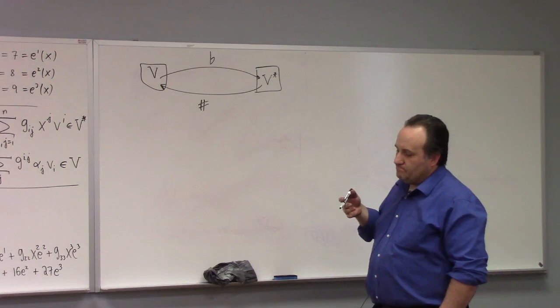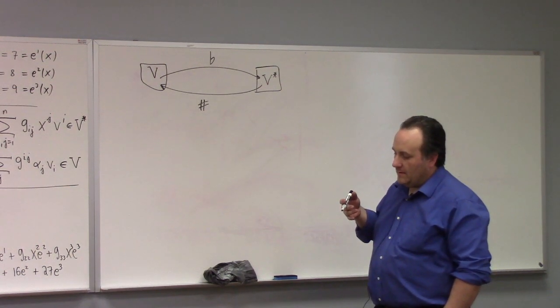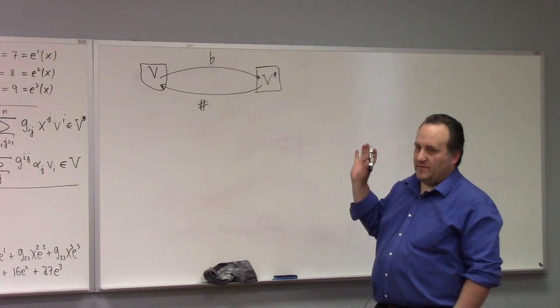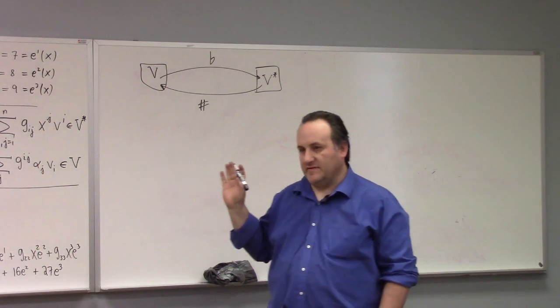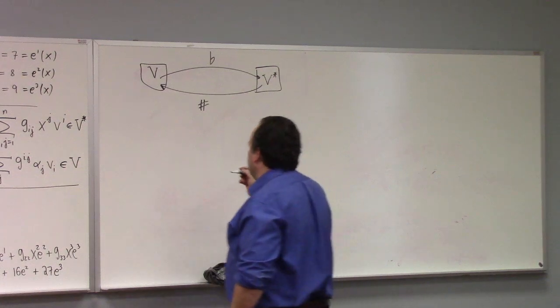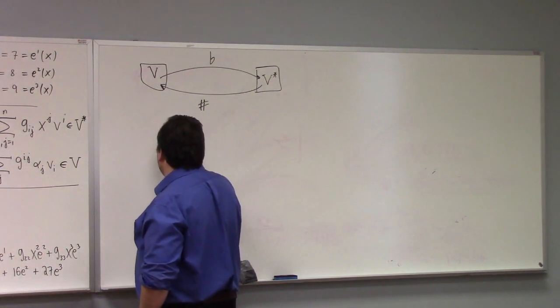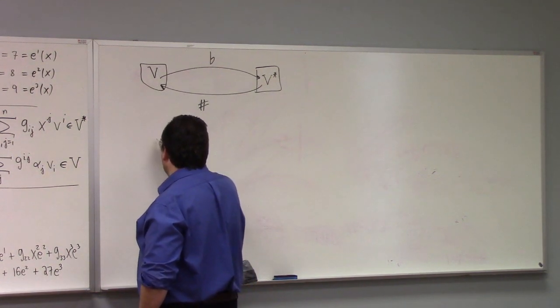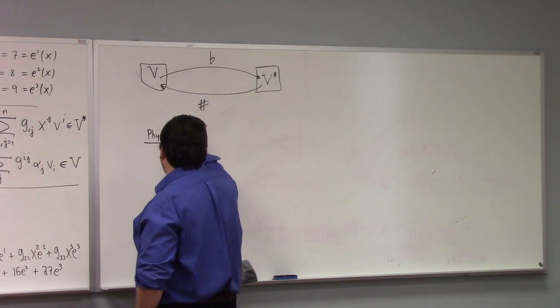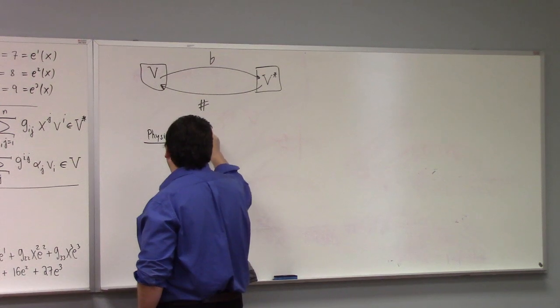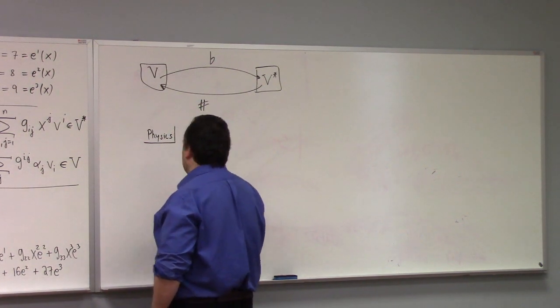Let's see here. It's easy to get lost in my formulas. These formulas are motivated in part from physics. In physics, the notation is sometimes used something like this. You have something like x, and in physics they use mu for an index, so something like x mu, x mu.